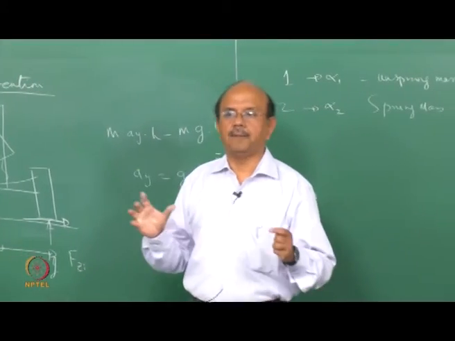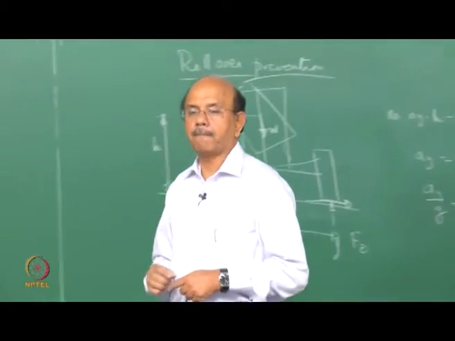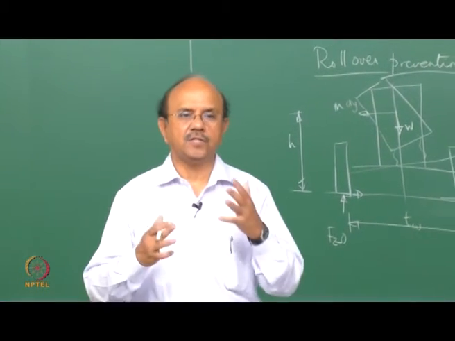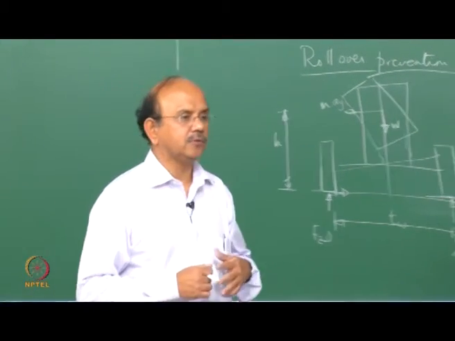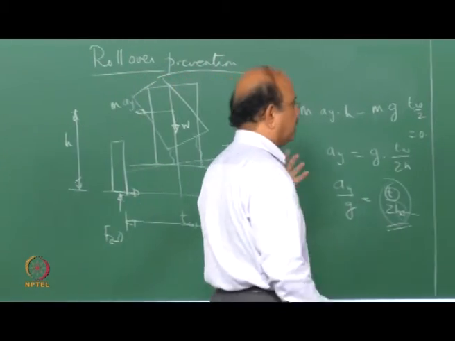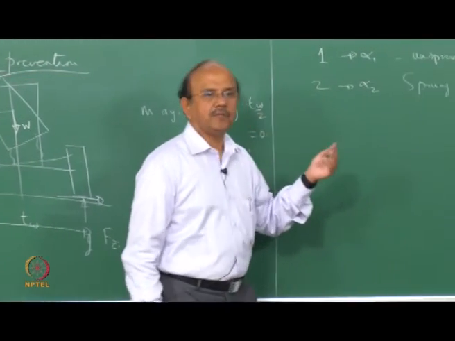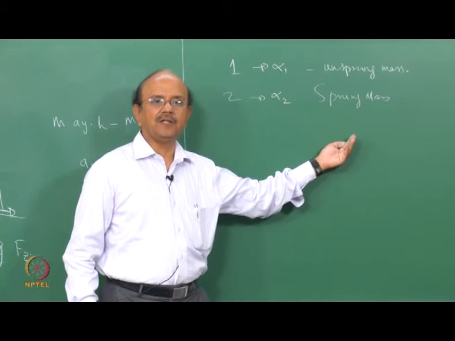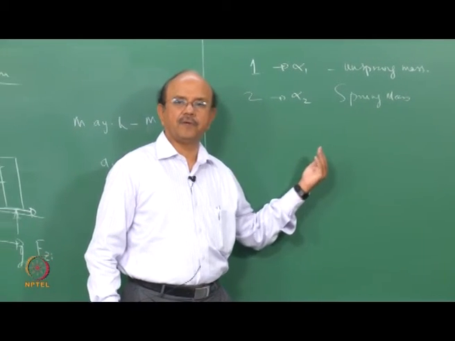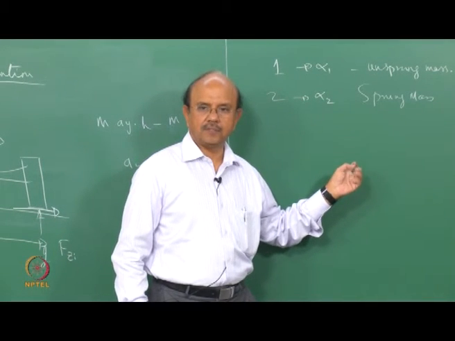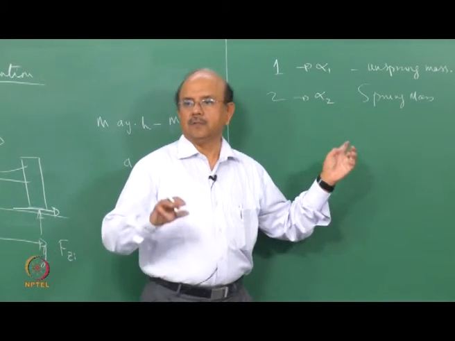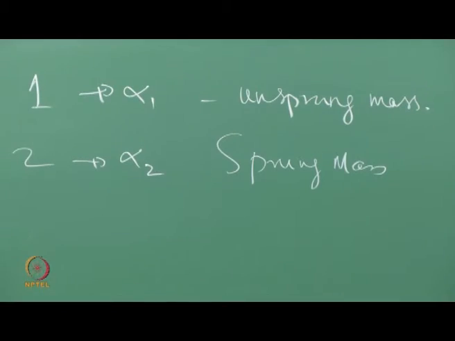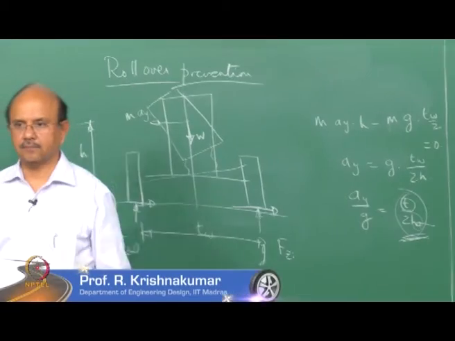There have been a number of papers and theses on how to write down these equations, going back to the 50s. The recent attempt has been to rewrite the equations in state space and use a number of standard control strategies. So we will talk about alpha 1, alpha 2 and their effect on this parameter in the next class.